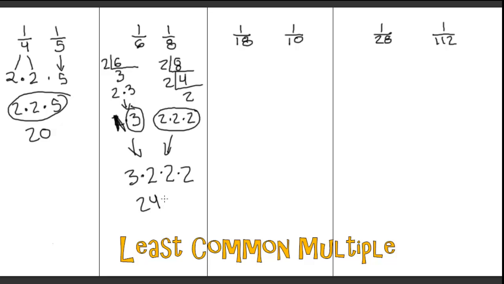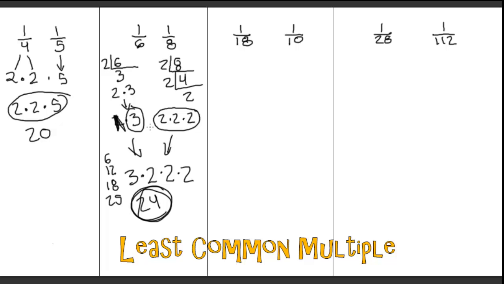You could go ahead and do the 6, 12, 18, 24 thing, and the same with 8, and by the third 8 you would get 24. But the least common multiple for 1/6 and 1/8 is 24.